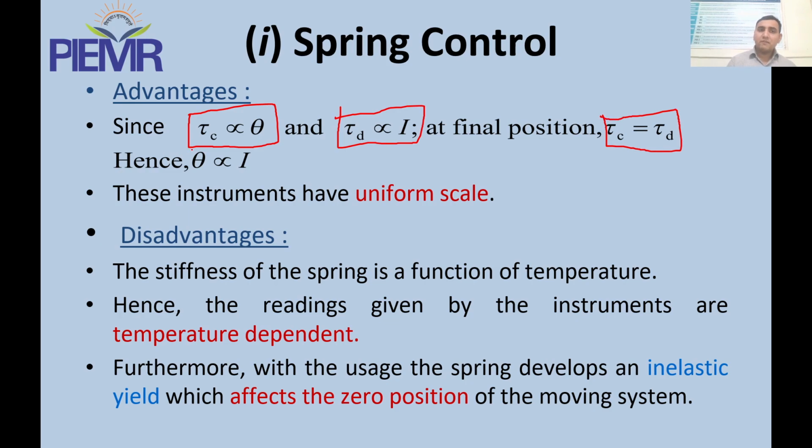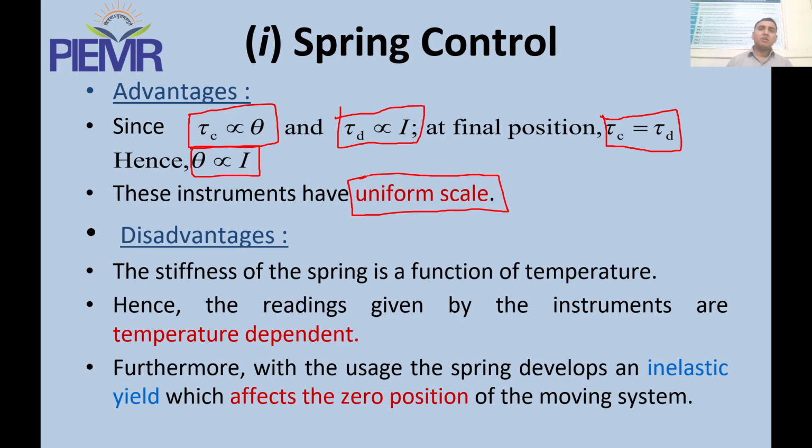Then we say theta is directly proportional to I, the angle covered by the pointer is directly proportional to current. Providing this type of spring control always produces a uniform scale in the instrument. It is one of the major advantages of spring control, where the scale is uniformly scaled. When you provide a scale, the distribution is equal.